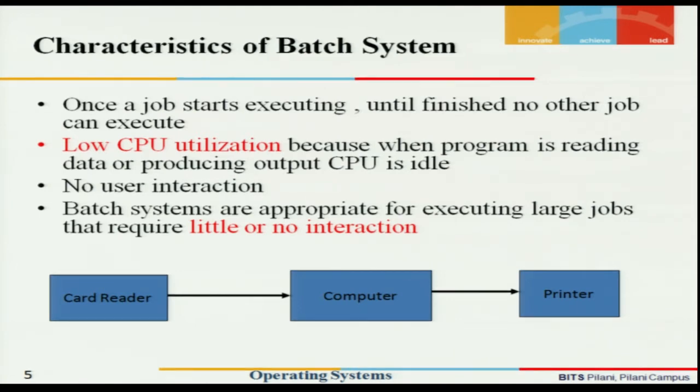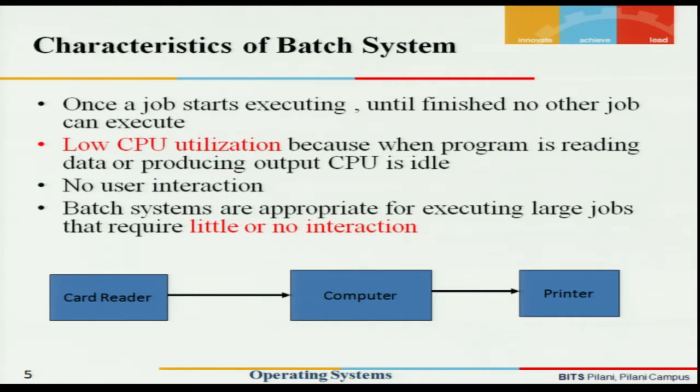This led to what we call low CPU utilization, because we have just seen that when a program is reading data or producing output, the CPU is going to be idle. Similarly, when the CPU is being utilized, devices like the card reader or printer are going to remain idle.